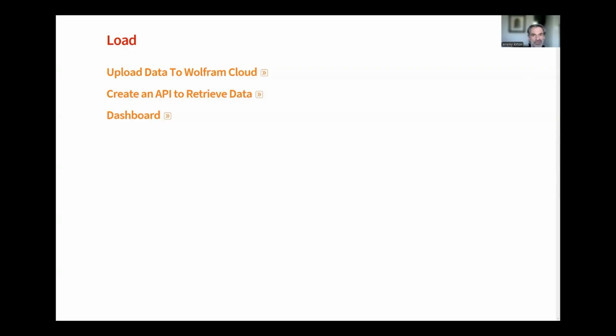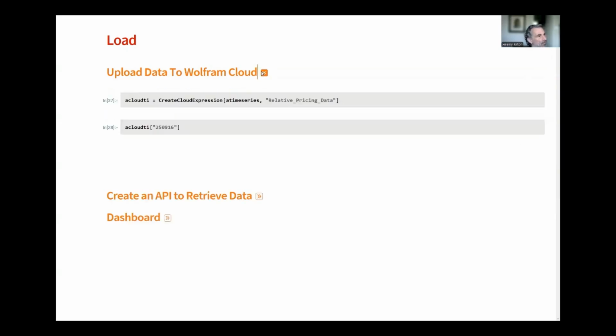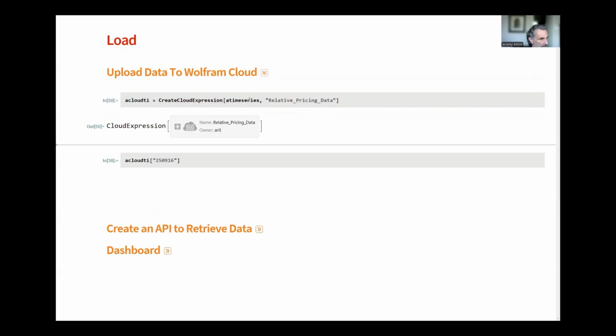Load means store, transform data into a repository, such as a database or the cloud, ready for querying and analysis. Here we upload the time series data to the Wolfram cloud. The time series data we calculated previously in the transform section, the last 3 years worth of data of the average price difference between Checkers and Pick and Pay products.